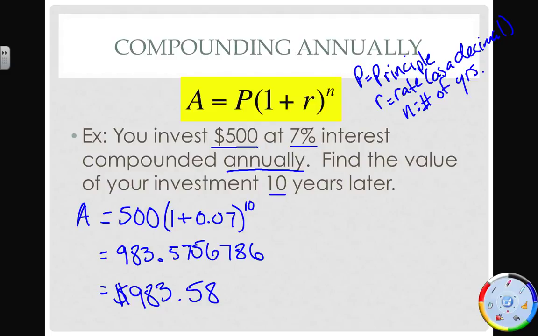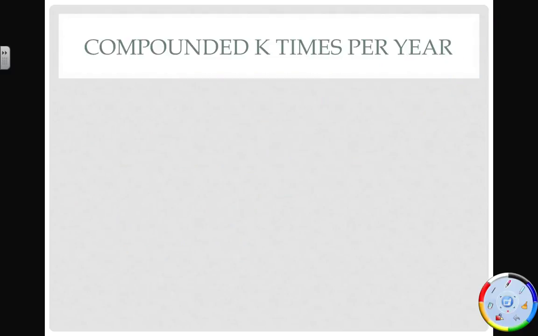Okay. What we want to do is look at a slightly different type of equation and slightly different type of compounding. So the next formula is also one that we've used before, and this is compounding K times per year. And the formula is almost exactly the same. P still represents the principal. R still represents the rate.